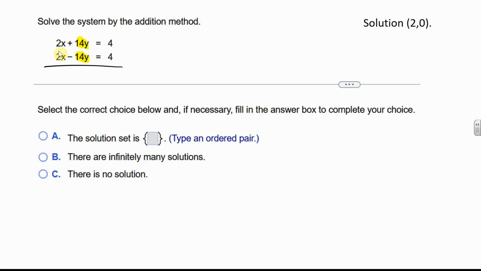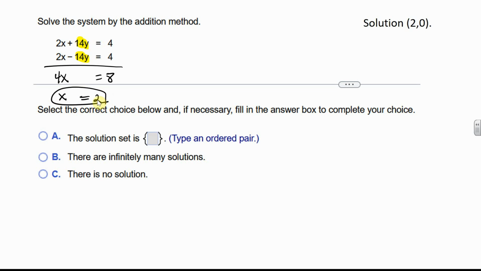So here in adding, I get 4x is equal to 8. Again, in most situations, I have to actually do some work to make the cancellation, but here it's set up for us. So if that be the case, then I get x is equal to 2.